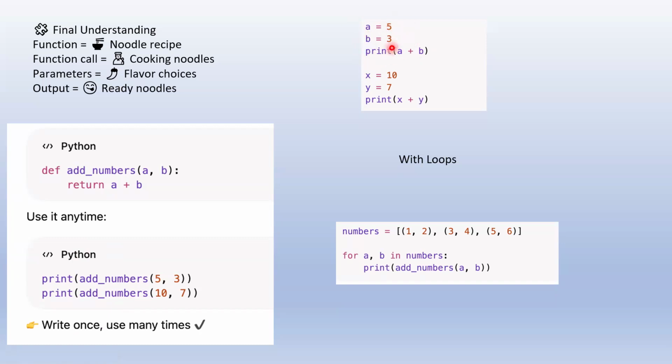Just 8 will be printed. X plus Y, what will be the output? 17, right? So the same set of things we are doing, but repeatedly.